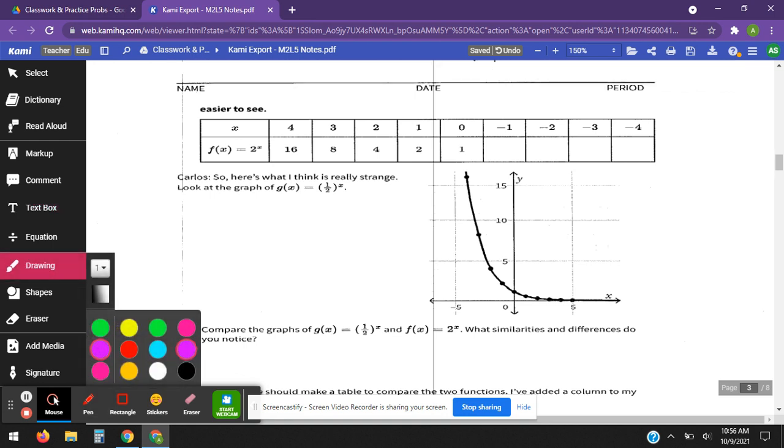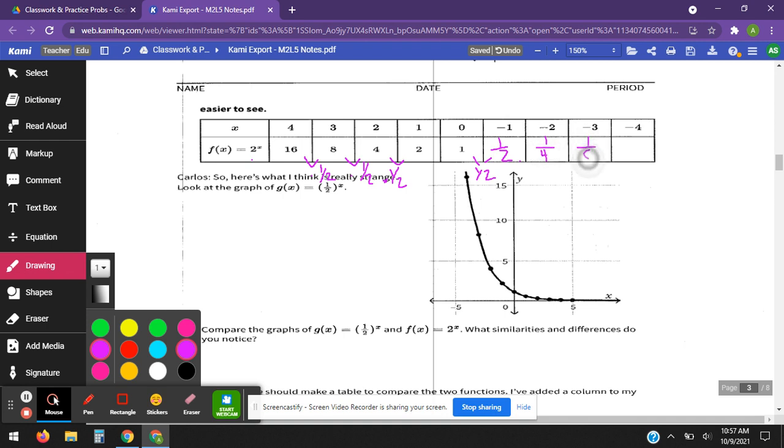So if I notice here, I'm going 16, 8, 4. I'm dividing by 2, right? Or timesing by 1/2, because that's a common ratio. We're looking for the multiply, so times 1/2. And so if I take half of 1, that's 1/2. If I take half of a half, that's a fourth.